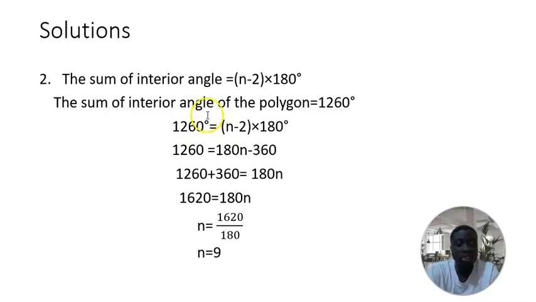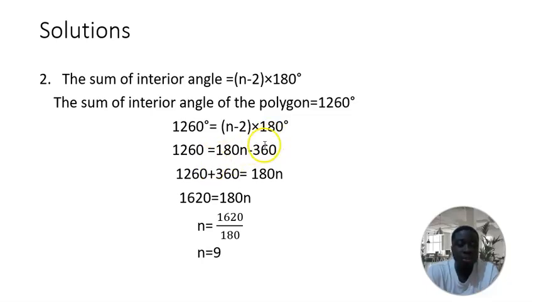So 1260 degrees is equal to (n minus 2), in brackets, times 180 degrees. Then you expand this one. Since we have a bracket here, this 180 will multiply n, which is positive, and you get 180n, which is positive. But since here is minus, when 180 multiplies negative 2, you get minus 360.